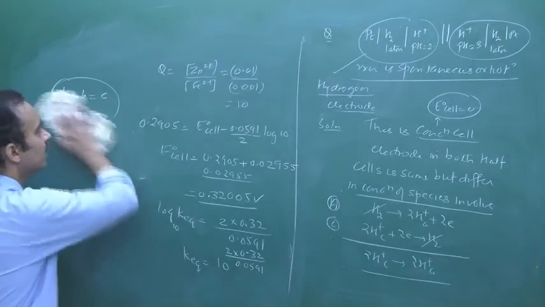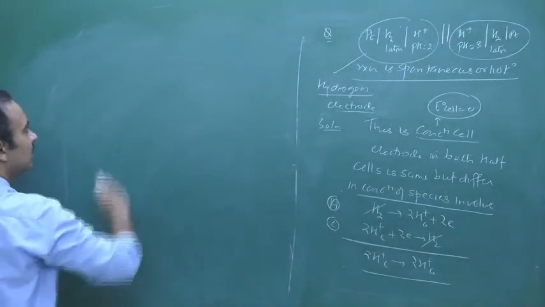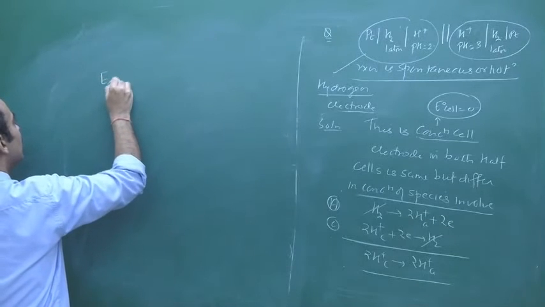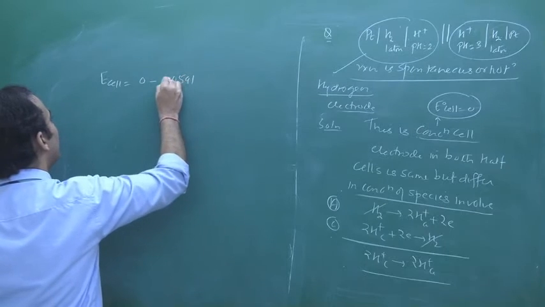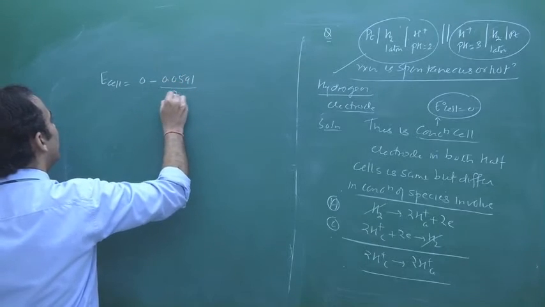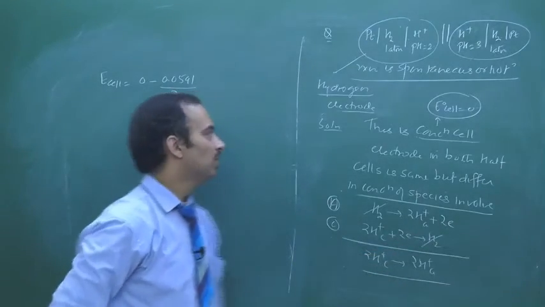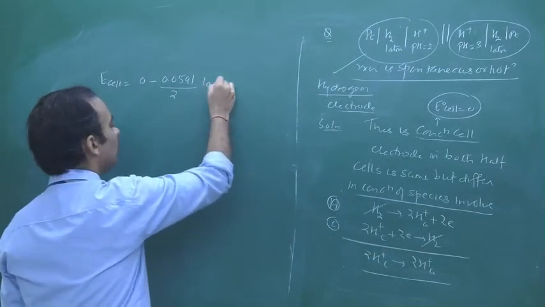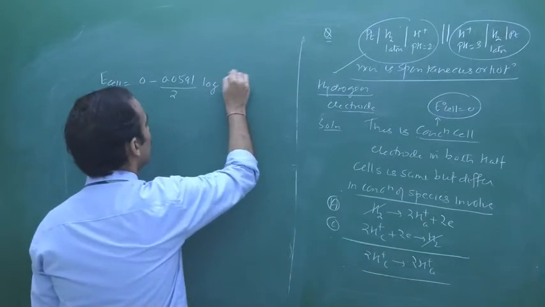Now let us apply the Nernst equation. E cell is equal to E naught cell minus 0.0591 upon n. What is n here? 2 moles of electrons exchanged, so n is 2. Now log of Q. What is Q?